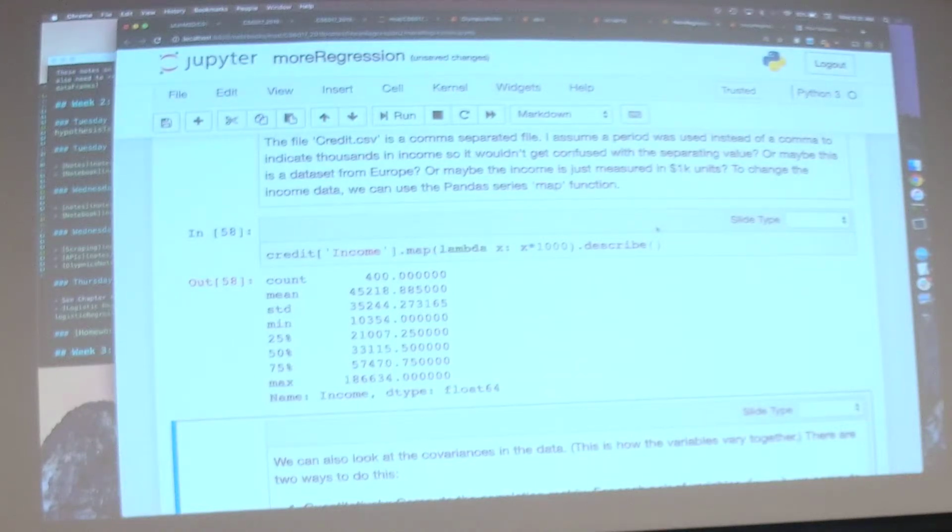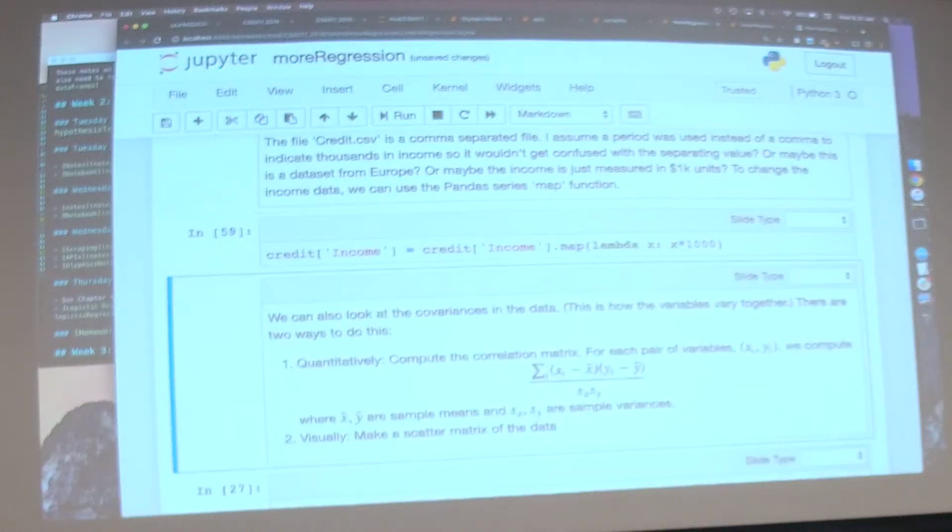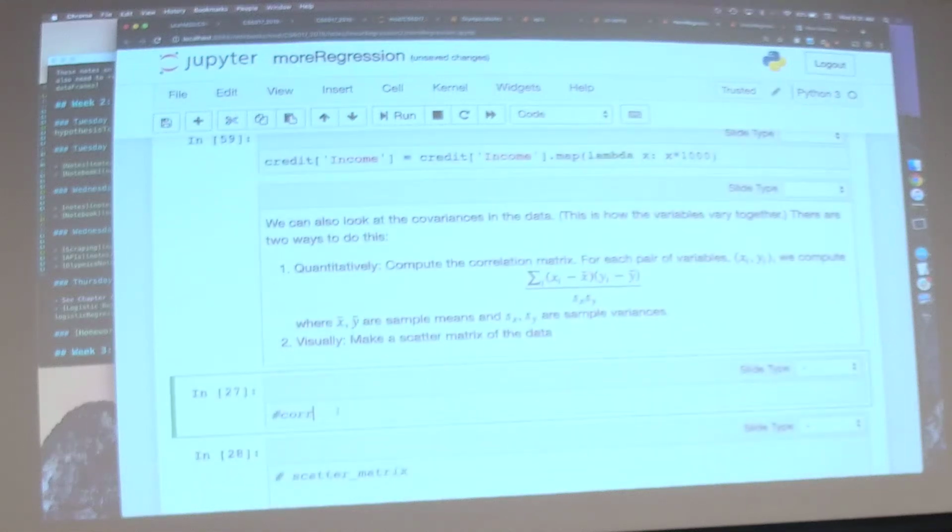So now I'm going to overwrite it. Now I've updated it. Cool. So we had to do a little bit of cleaning to get the units to be what we thought they should be. So now we have all these fields and we don't really know how they're related.